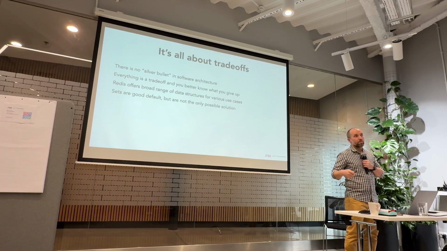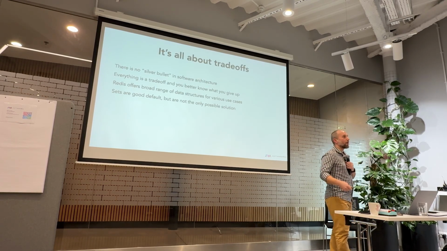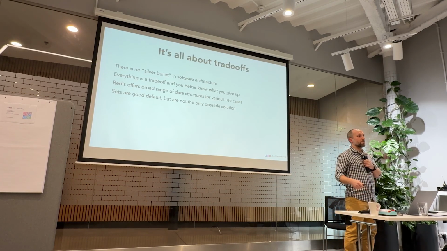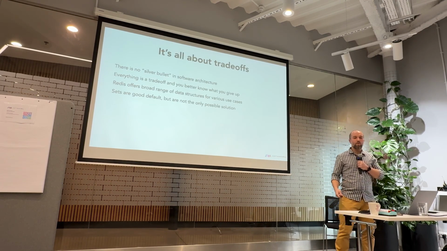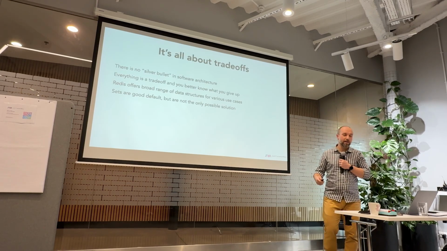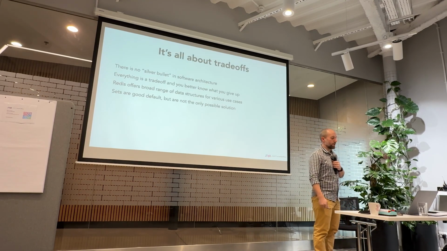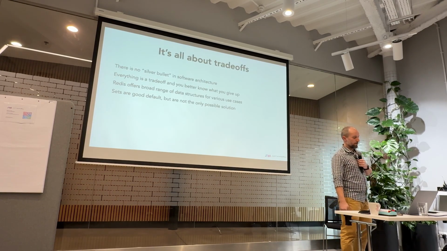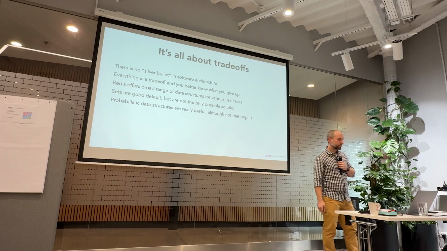Sets are a good default. They are known, we know how they work. Probabilistic data structures are less known, but to me it's really good to know that they exist and that they are available for regular use. They are not just database internals, deep in some algorithm in the code that you cannot use.